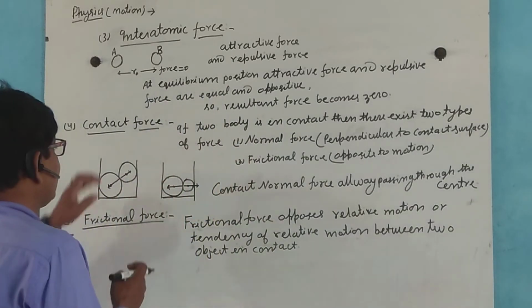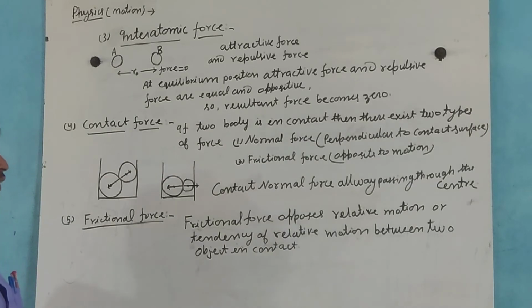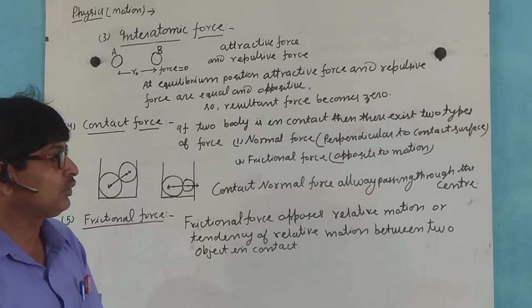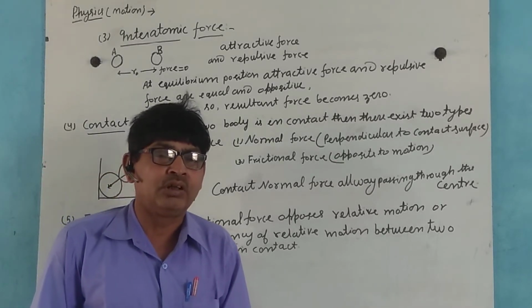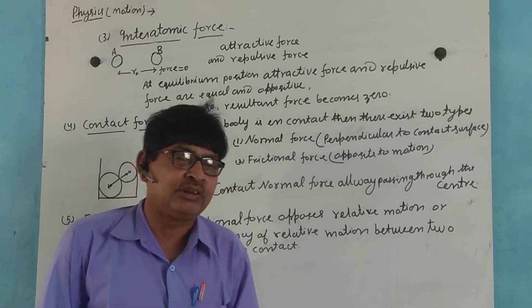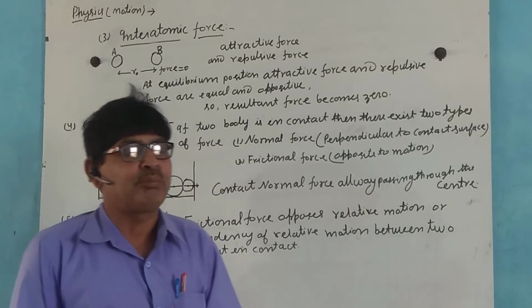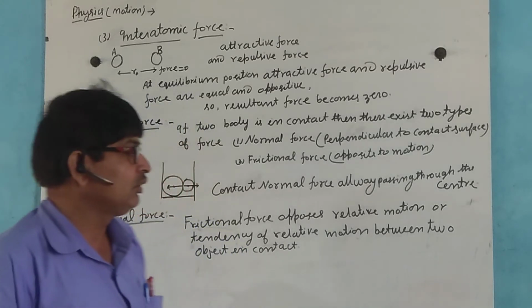Now contact force. If two bodies are in contact, then there exist two types of force. One is normal force and the other is frictional force. Normal force is perpendicular to the contact of each other, and the direction of frictional force is opposite to the motion.